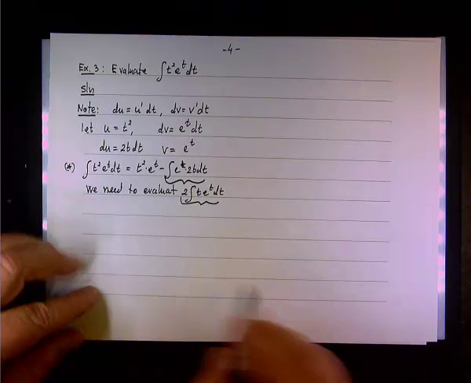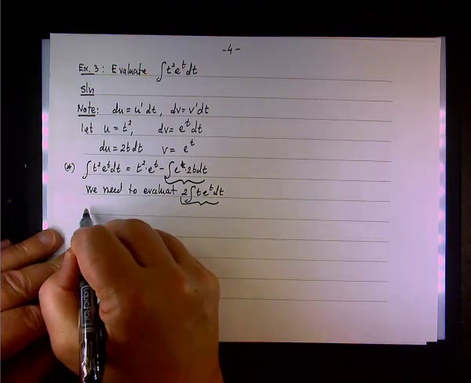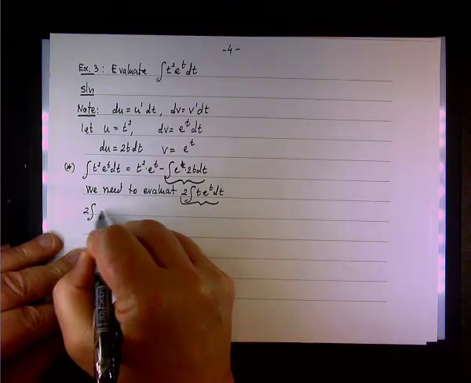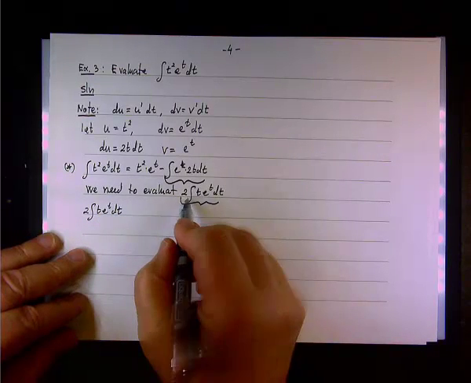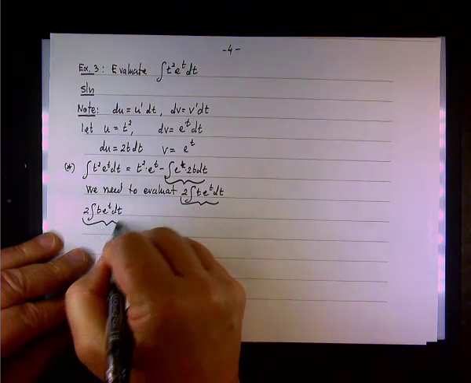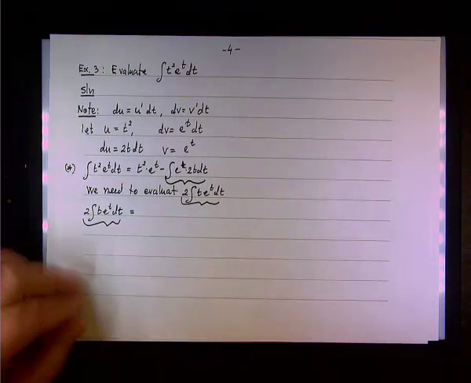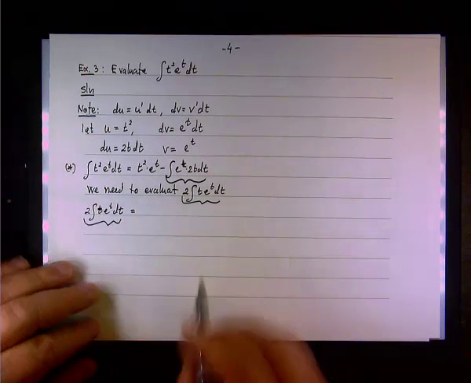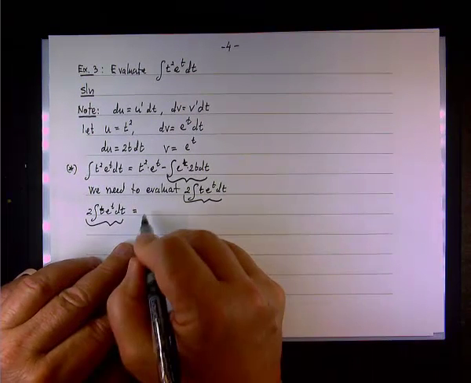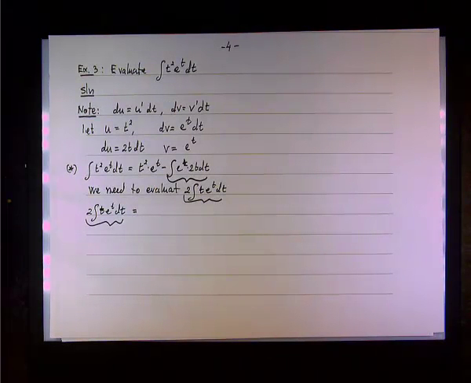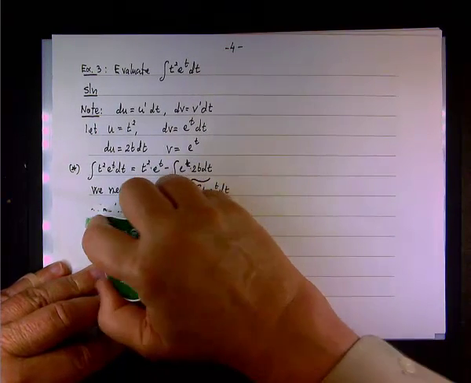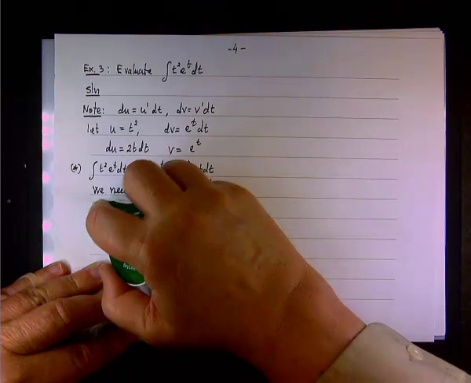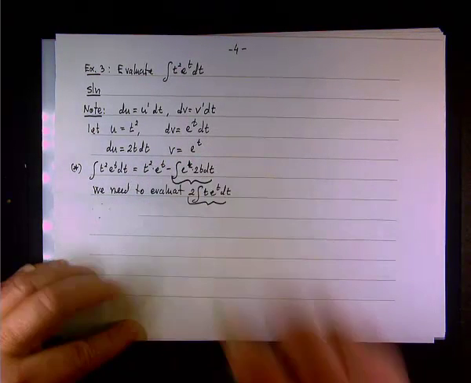So this is the integral that is marked with the curly brackets. Let's write 2 times the integral of t e to the t dt. I could have left the 2 and multiplied after, but there is always a chance that we'll forget to do so. Before we move on, actually this was a little bit premature because now we need to choose another set of u and v. So before we can solve it, let's make another choice.